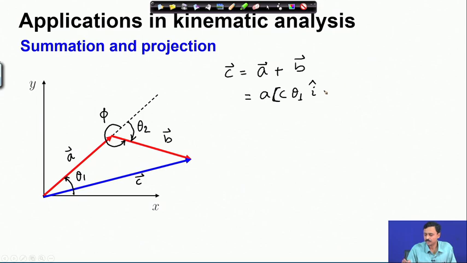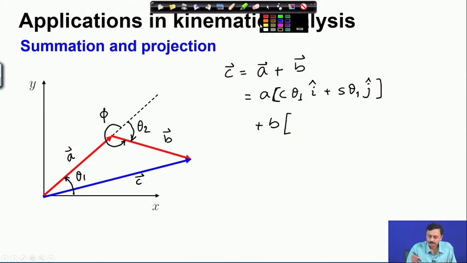So, A cos theta 1 i cap plus sin theta 1 j cap plus B, remember I have to measure this angle of vector B from the datum. So, I have to measure this angle.